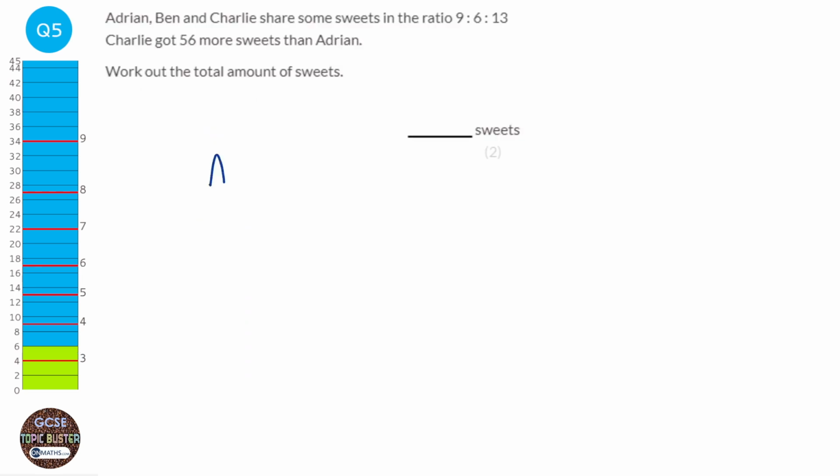So this question says that Adrian, Ben and Charlie have some sweets, and the ratio of Adrian to Ben to Charlie is 9 to 6 to 13. But it also says that Charlie has 56 more sweets than Adrian.